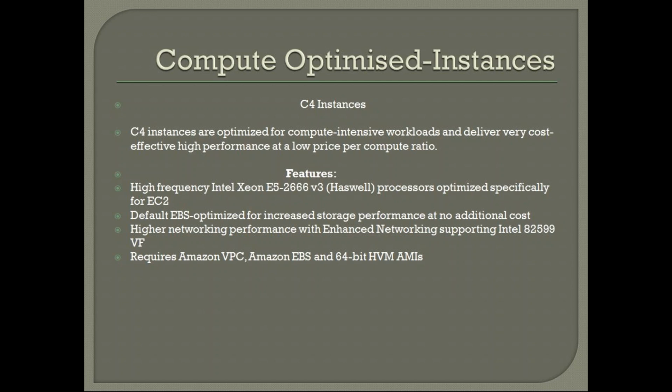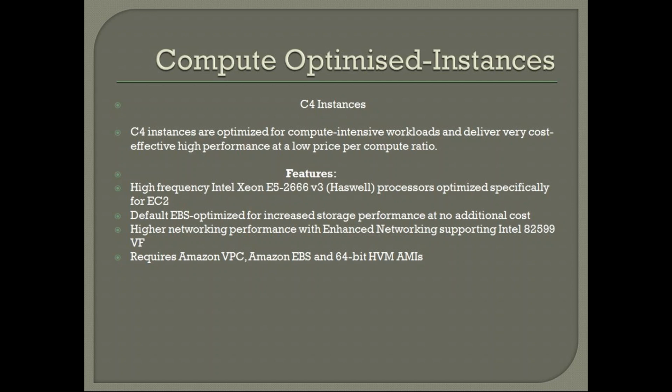Default EBS optimized for increased storage performance at no additional cost. So this EBS optimized is elastic block storage optimized instances. As I said in the last slide, EBS is elastic block storage where you can install applications, you can store any files, and you can run the OS. But in S3, you cannot run an OS or install any applications.